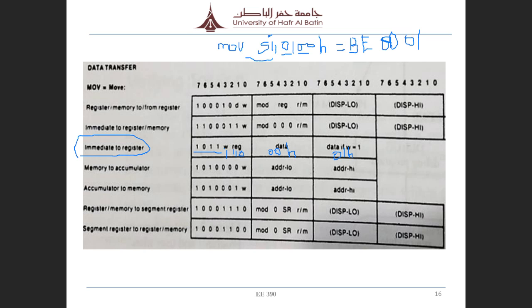That means it becomes BE00 01, so it needs 3 memory locations. Is it clear? Is it okay? Yes.